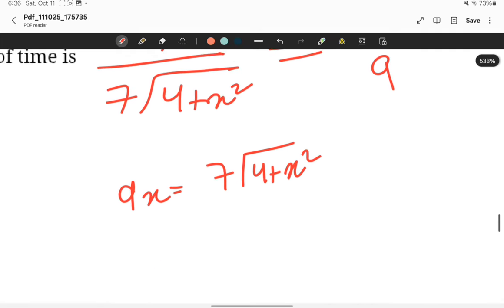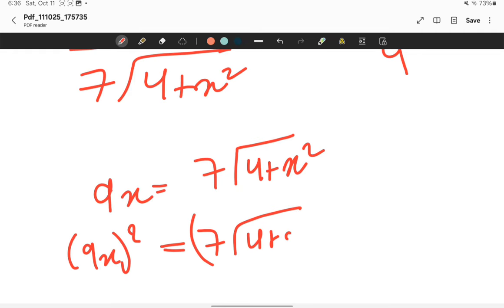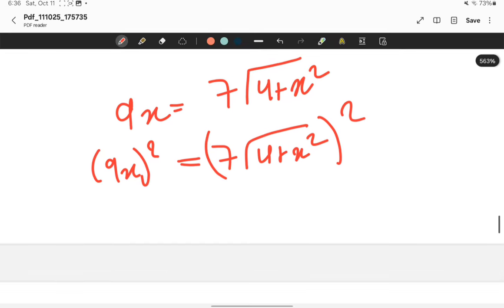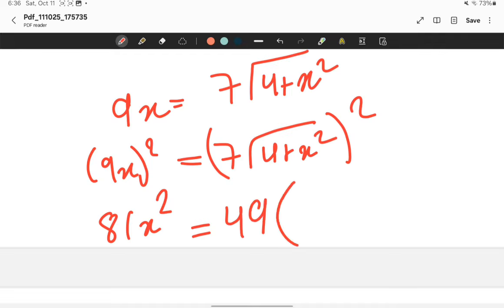You could square both sides to get rid of the radical, so it would be 9x squared equals 7 radical 4 plus x squared, all squared. So it's 81x squared equals 49 times 4 plus x squared.